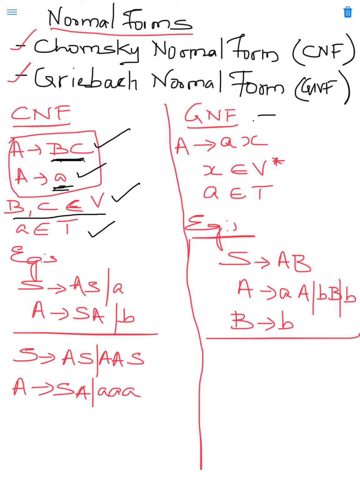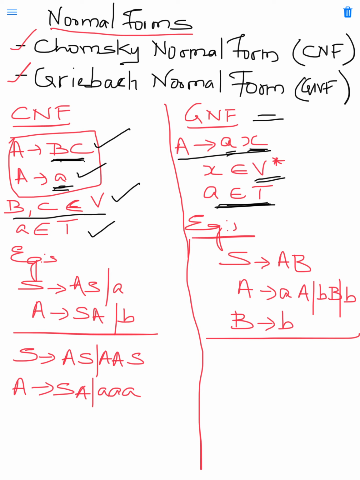And in case of a Greibach normal form, the productions will take the form A gives a x, in which a is a single terminal symbol. a belongs to the terminals, and x belongs to V star, which means x can take any form of non-terminal symbols.